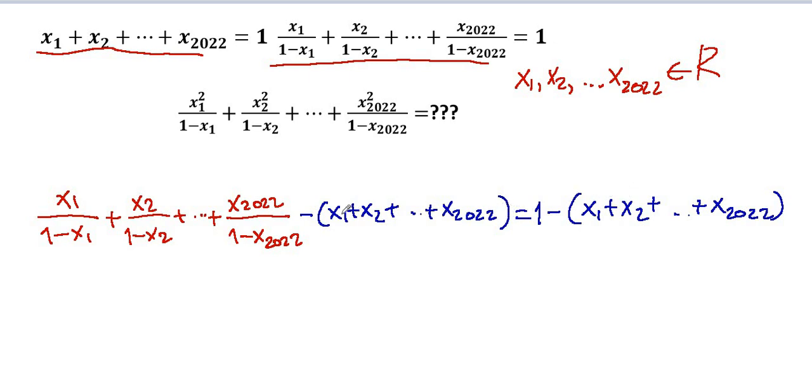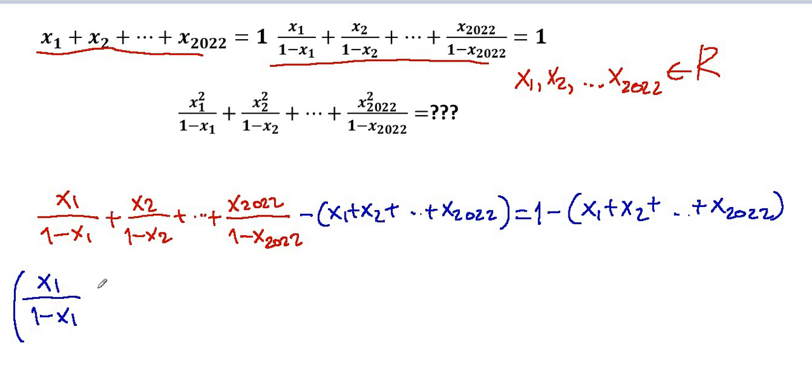Now again, let me rearrange the left hand side of this equation, and I can distribute this sum to each fraction.